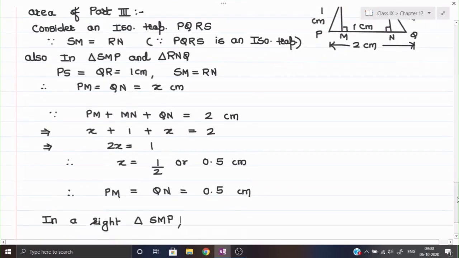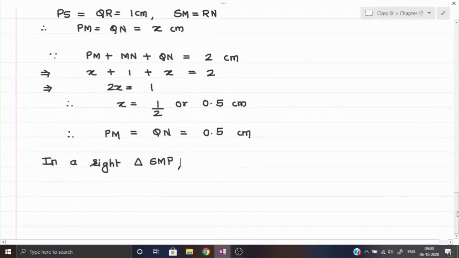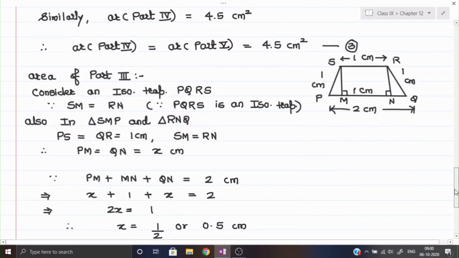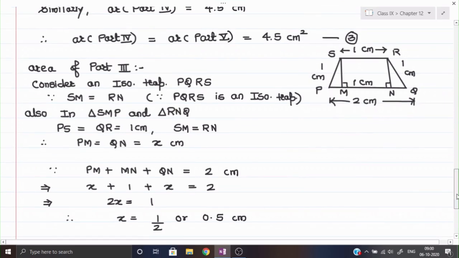So here we shall write down PS square is equal to SM square plus PM square, by Pythagoras theorem. Now what is the value of PS?